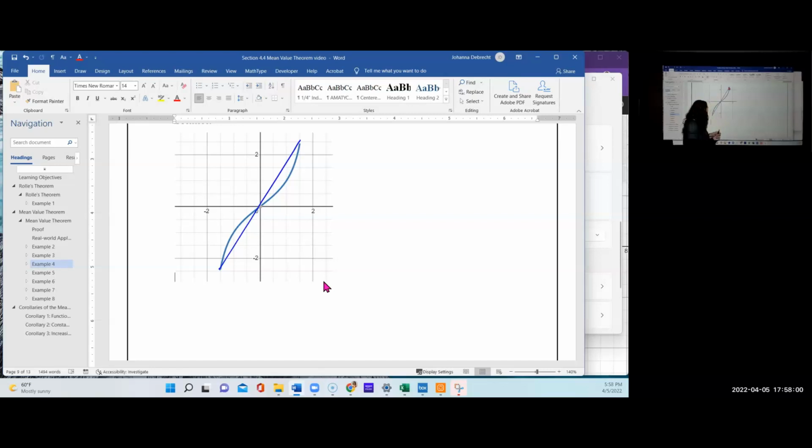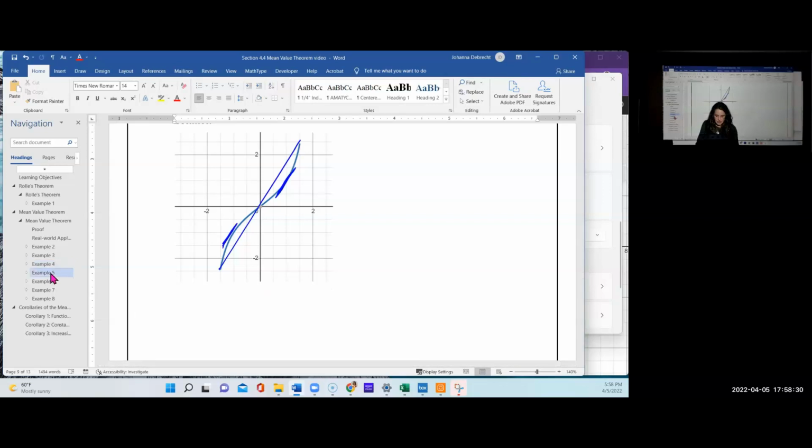Hold your pen as a tangent line and move across until you find a place where it looks like the tangent line's parallel to the secant line. That's 1. That's 2. So it looks like we have 2, 1 here and 1 here. And we could use the techniques that we've used previously to find the exact values for those, but we're not going to do that on this particular problem.